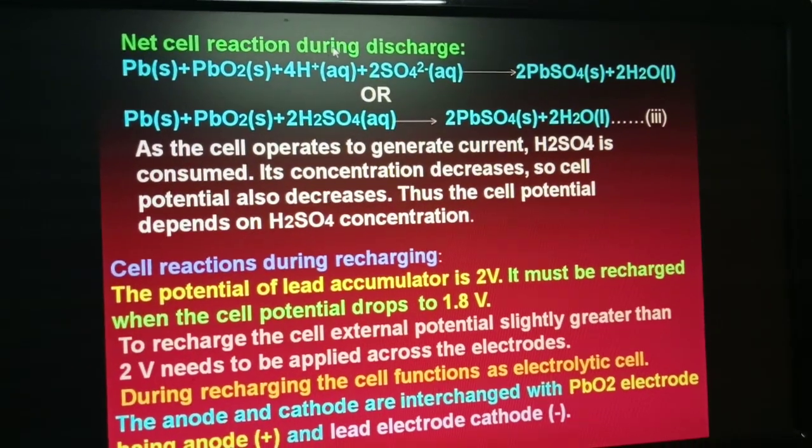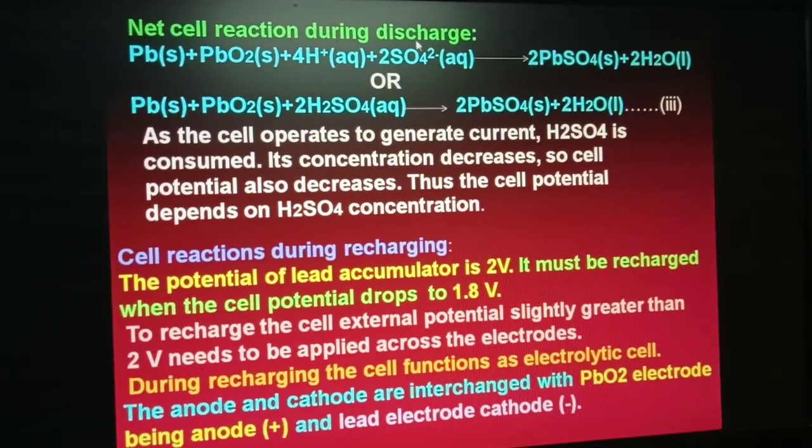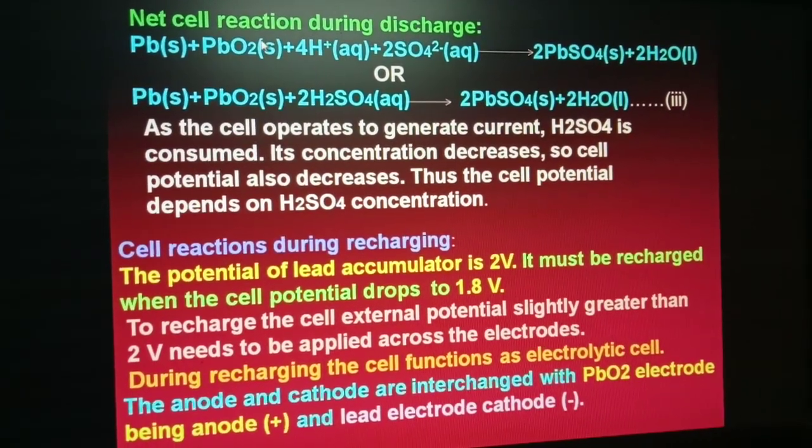The net cell reaction during discharge can be written by combining the left side of the oxidation reaction and reduction reaction which you have seen previously, and also combining the right side of the oxidation and reduction reactions.